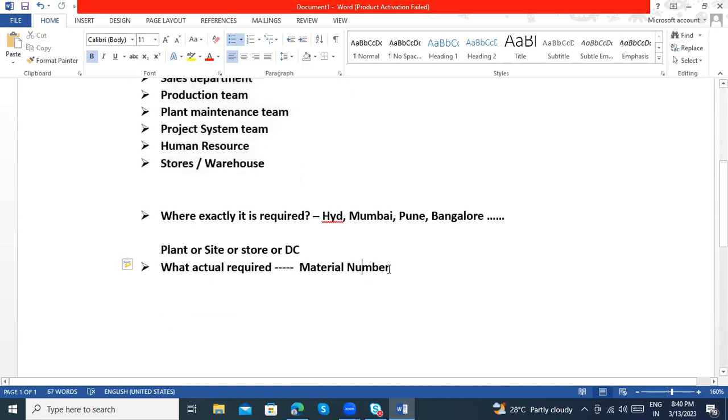So the identification here is the material number also. What material do you require: material A, material B, material C, like kitchen items, a laptop, medicines or food related items. Different materials.